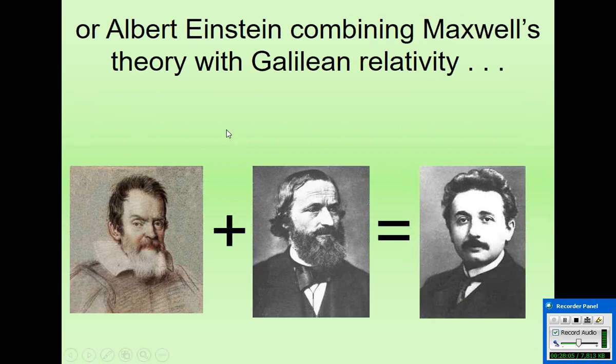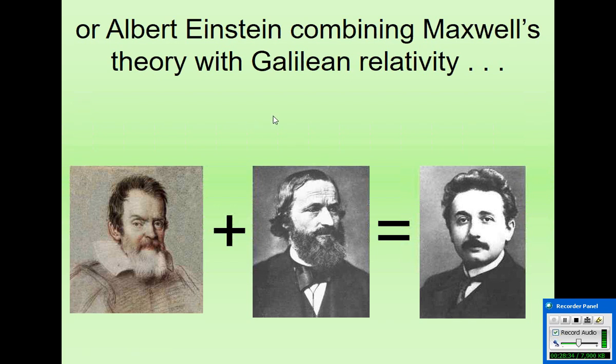Similarly, Galileo had his theory of ordinary motion, if you will, and James Clerk Maxwell had his theory of electromagnetism. And Einstein showed that the motion of ordinary objects, when they were sped up to speeds like you see in electromagnetism, obeyed some of the properties that had been assigned strictly to electromagnetic effects.